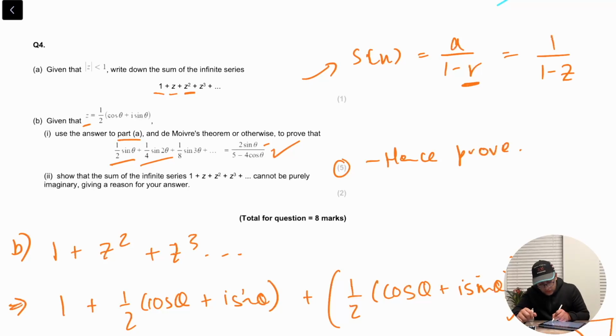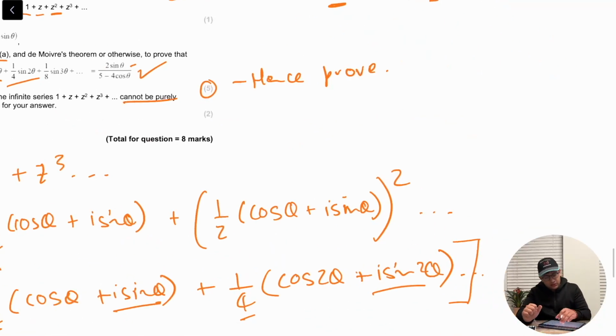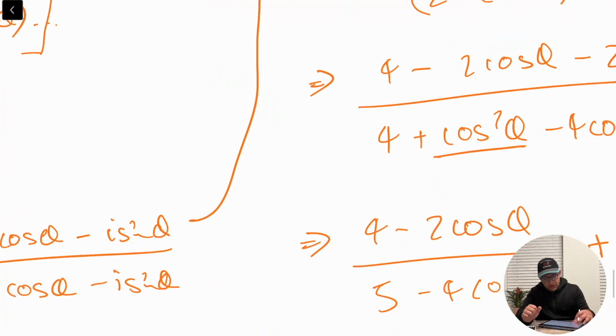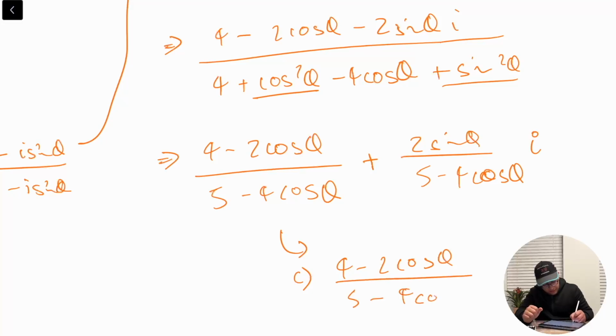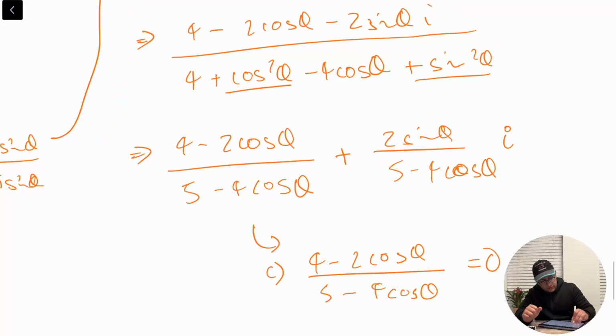Okay. Show that the sum of the infinite series cannot be purely imaginary. So therefore, the real part cannot equal 0. That's all that means. So what was the real part again? Real part this. So for part C, you try setting this to 0. 4 minus 2 cos theta over 5 minus 4 cos theta equals 0.